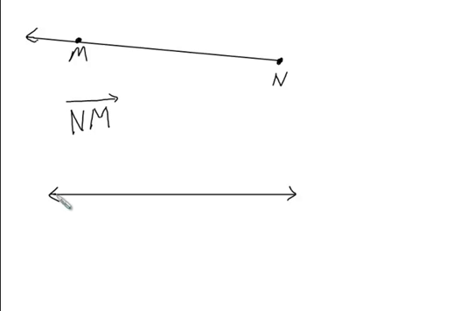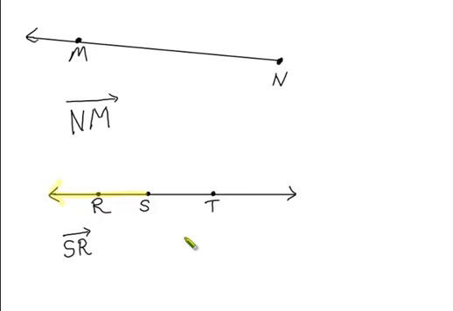What if I have a line that contains several points? I'm going to call them R, S, and T. To write a ray SR, you need to understand that is S to R. Okay?